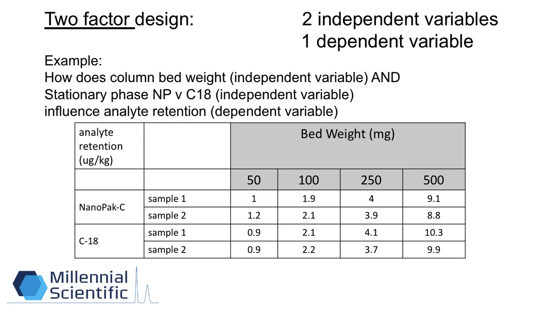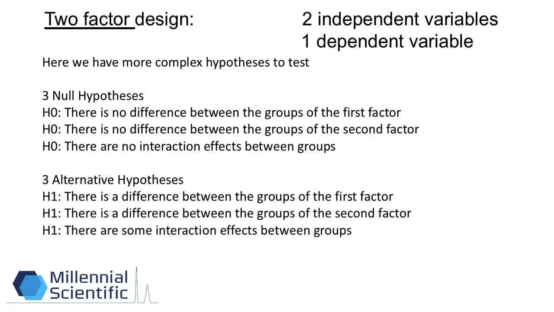How does column bed weight and stationary phase influence analyte retention? And for the two-factor design, the null hypotheses have to be more inclusive. You have to test whether there's a difference between groups for the first factor, difference in the groups between the second factor, and also interaction effects.